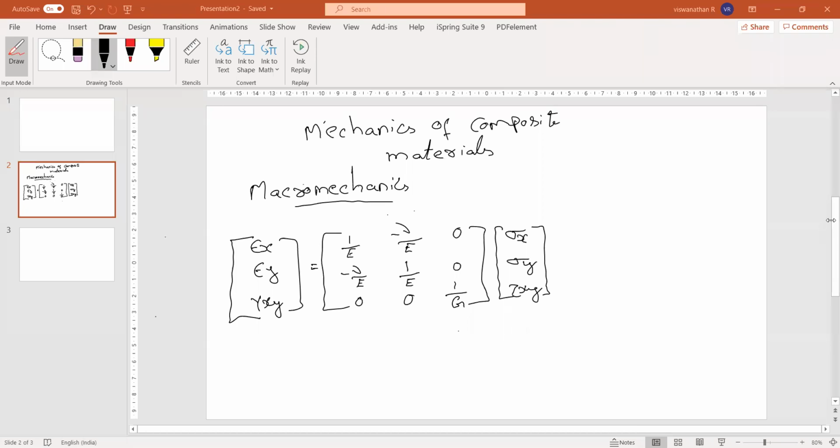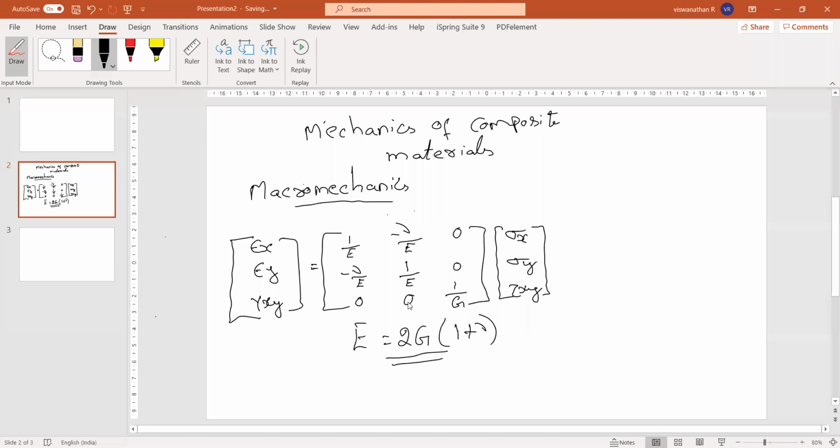E is equal to root of G. No. You have studied this in the mechanics of materials. G equals E by 2 into 1 plus nu, sir. G equals E by 2 into 1 plus nu. Have you seen this relation? Yes, sir, we used this before.